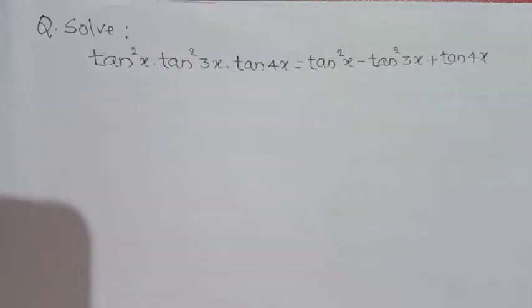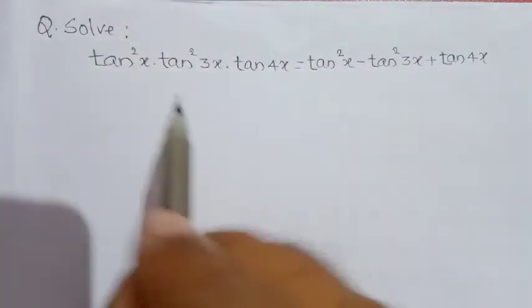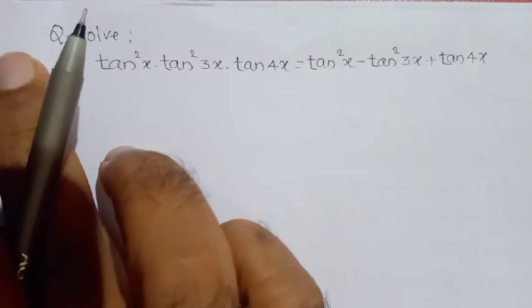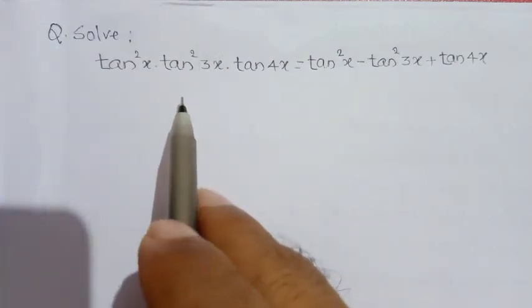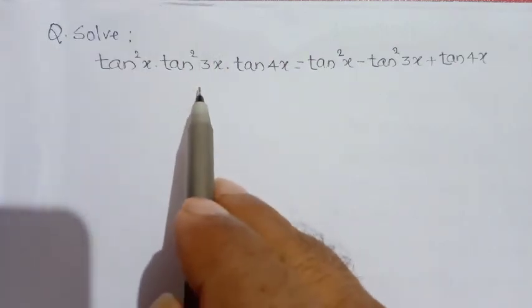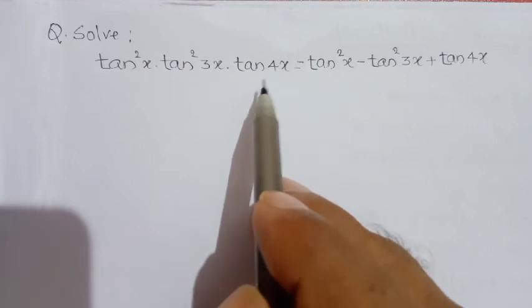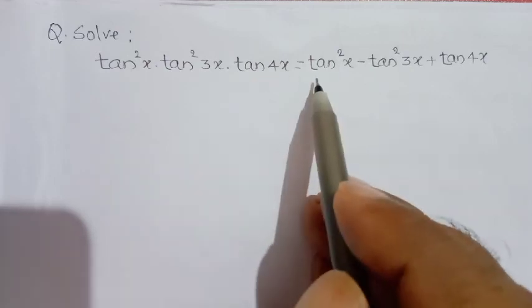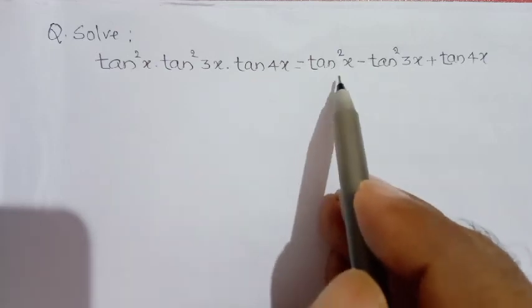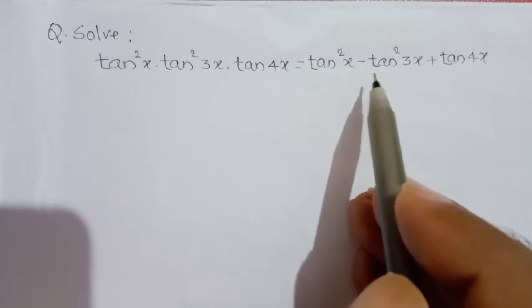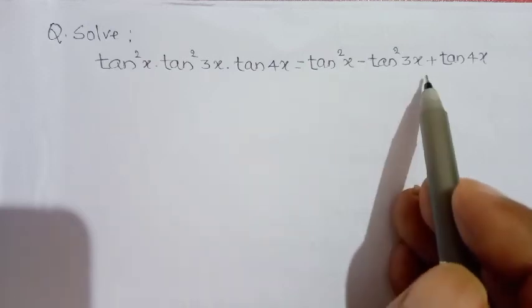See the question carefully, students. Solve the equation tan square x into tan square 3x into tan 4x, it is not squared, is equal to tan square x minus tan square 3x plus tan 4x.